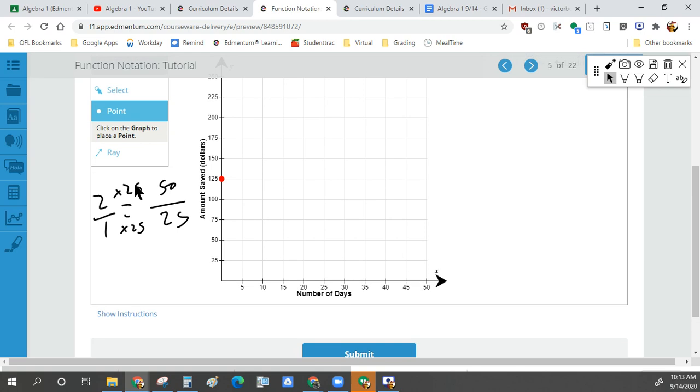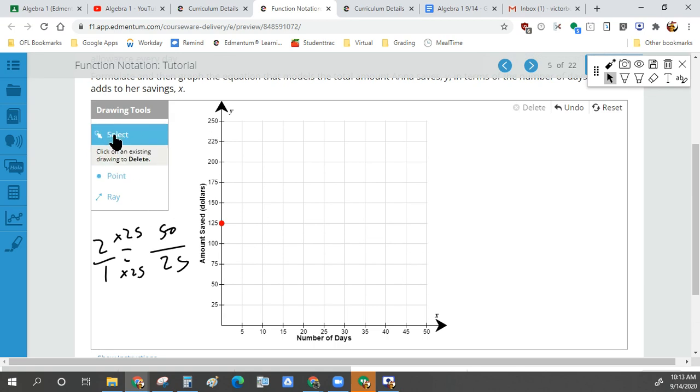So what I'm going to do here is go up 50. I went up 50, and I'm going to go over 25. 5, 10, 15, 20, 25. And then from here, what I can do is use the array.